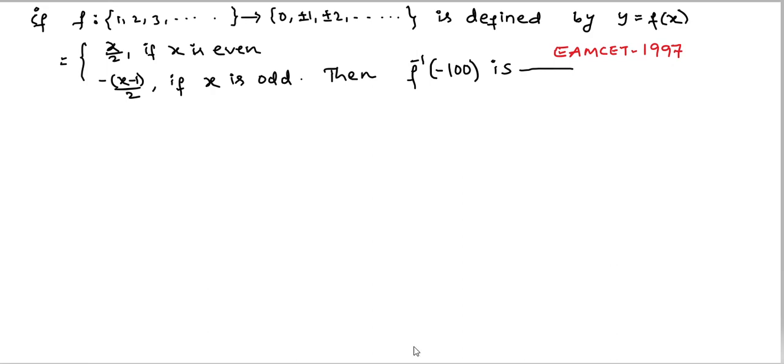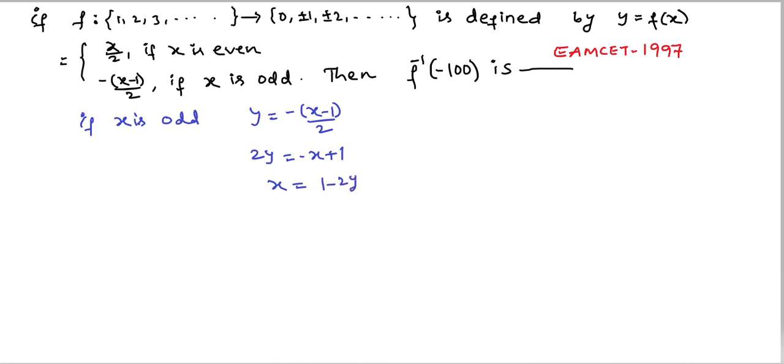Here, if x is odd, take y equal to minus of x minus 1 by 2, that is 2y equal to minus x plus 1. So x is equal to 1 minus 2y.